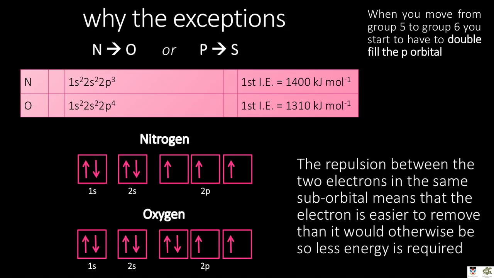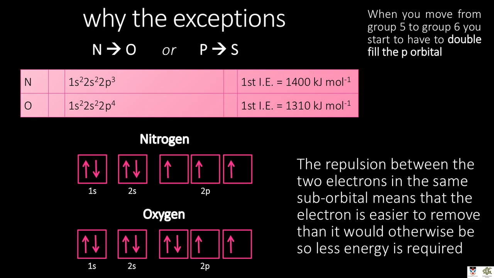There is a different explanation for the exceptions as we go from group 15 to group 16. Let's consider the electron configuration for nitrogen. You can see here that we have 2 electrons in the 1s orbital, 2 electrons in 2s, and then we have 3 unpaired electrons in the 3 2p orbitals of nitrogen.